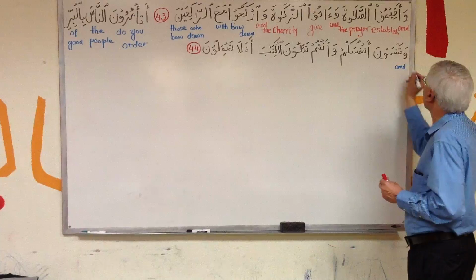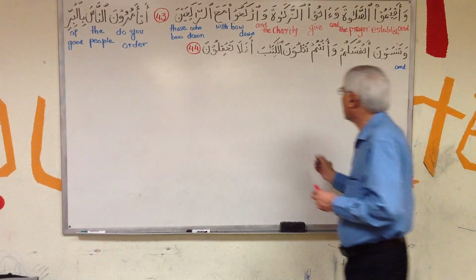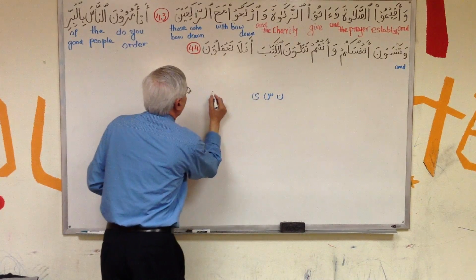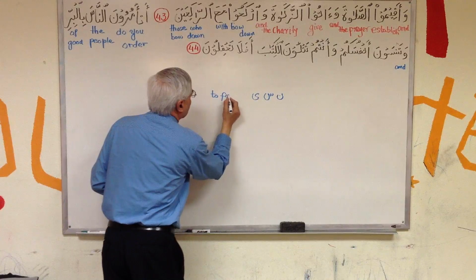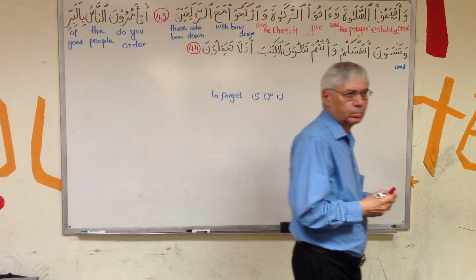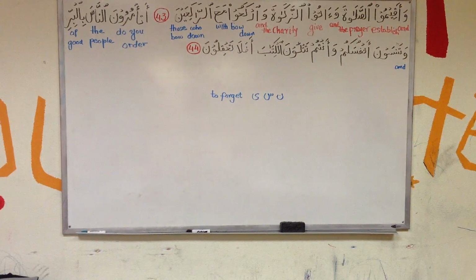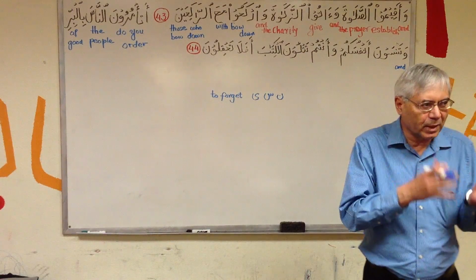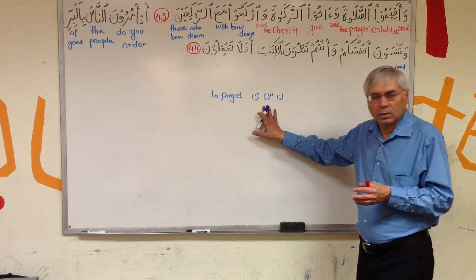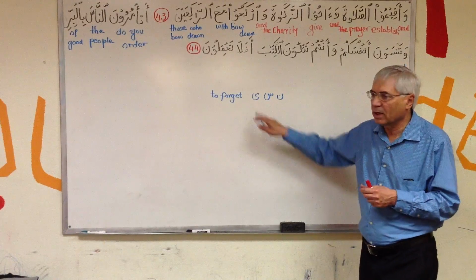Wa means and. Noon, seen, and ya means to forget. And we just learned that if you put a ta in the beginning and una at the end, this will become tansawna, because ya is a weak letter.